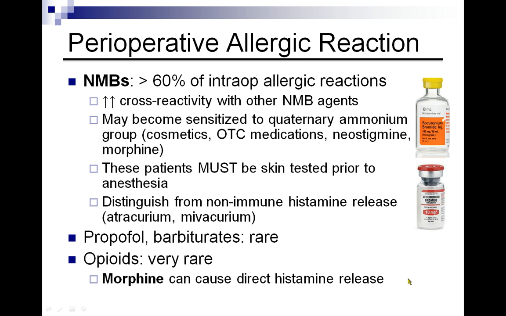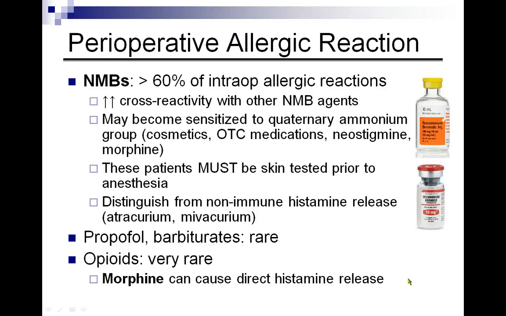Now, patients who are administered neuromuscular blocking drugs may have an allergic reaction, and it's felt that more than 60% of intraoperative allergic reactions are due to these neuromuscular blocking agents.